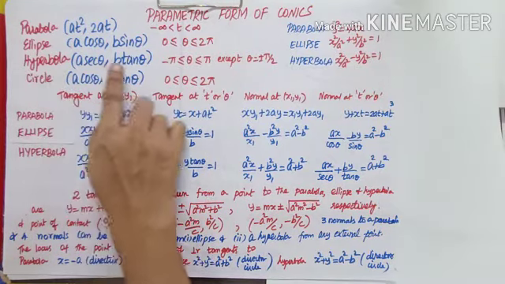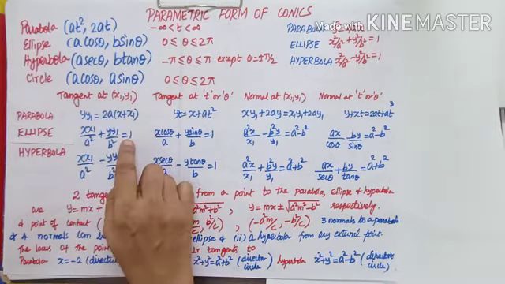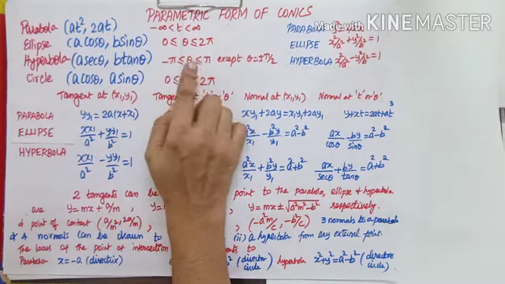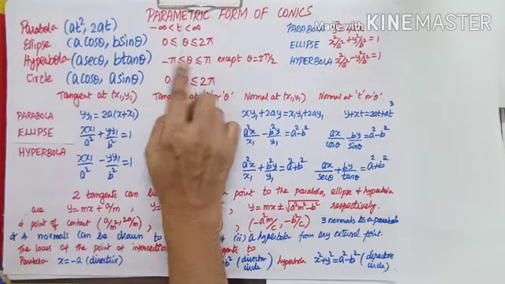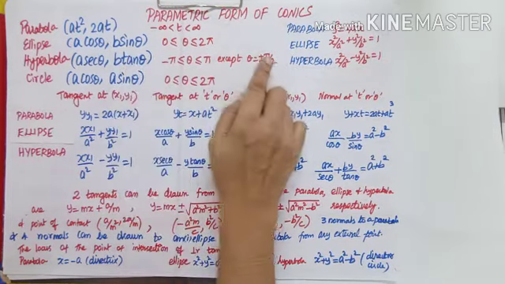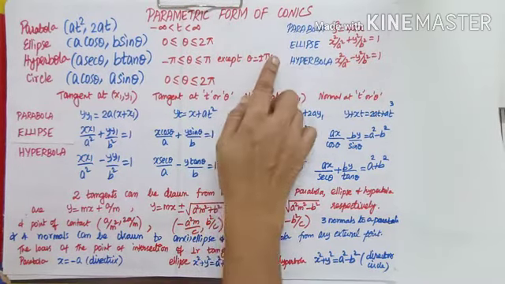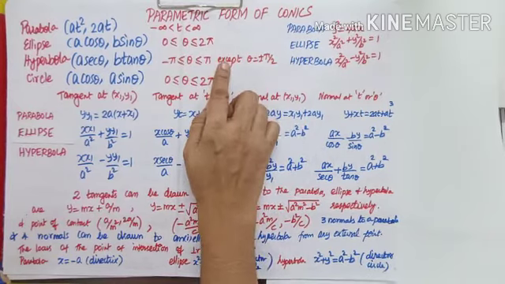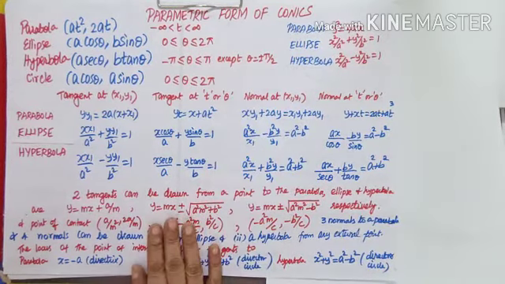When we come to the hyperbola, tan theta and secant theta are coming. Remember the range from minus pi to plus pi, and whenever tan theta comes, 90 degrees should be eliminated because tan 90 is infinity. So exclude the point theta equal to plus or minus pi by 2.